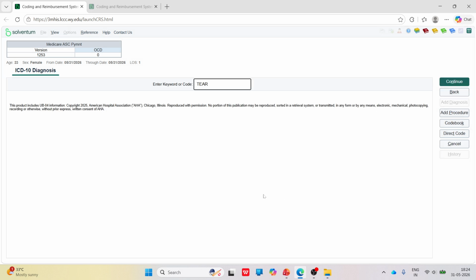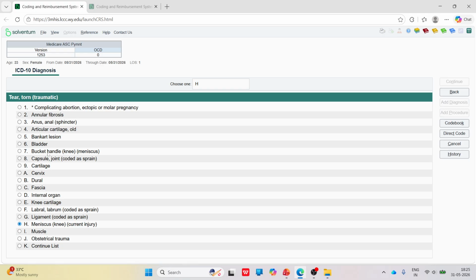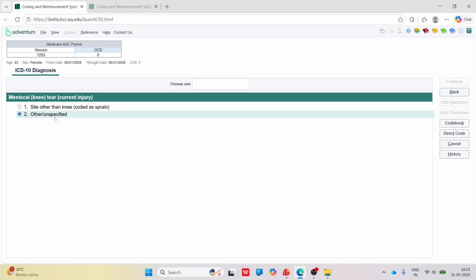So here, tear, meniscus, other, medial, medial side, other, only right.